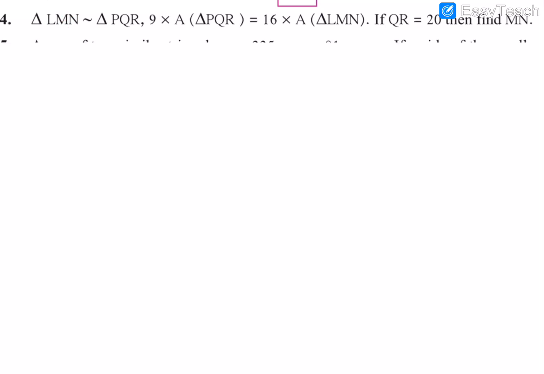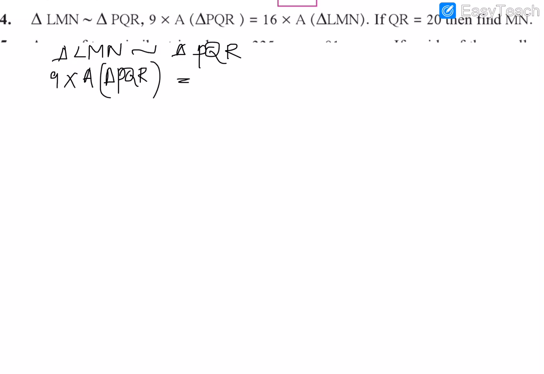So we can write all the conditions that are given. The first condition is triangle LMN similar to triangle PQR, and the second condition is that 9 into the area of triangle PQR is equal to 16 into the area of triangle LMN.